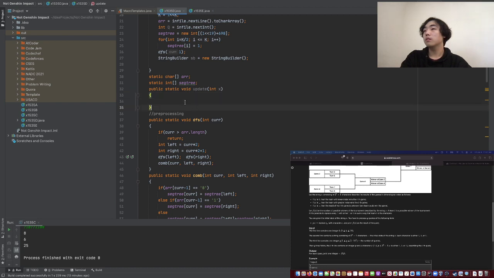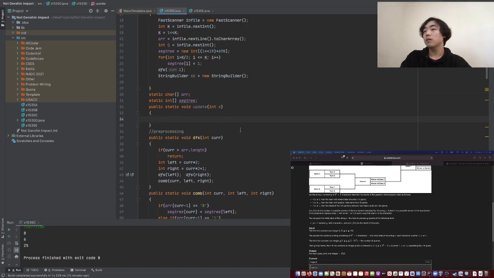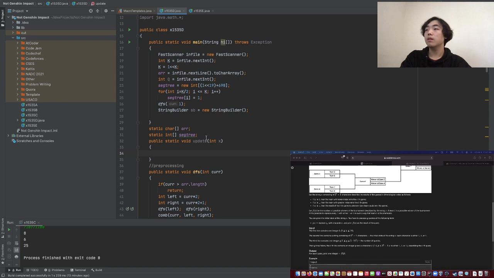Yeah, so we do this. So now everything is pre-processed, and the way that we update is, I suppose we change something. Yeah, we do that and then we just update towards its parent. I think that's how this could work.